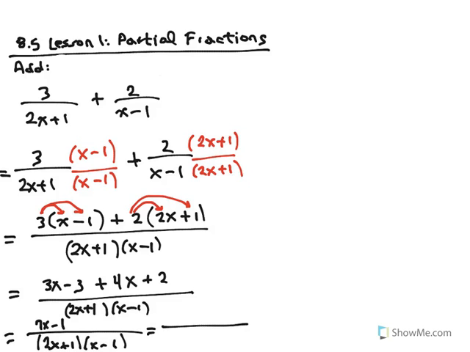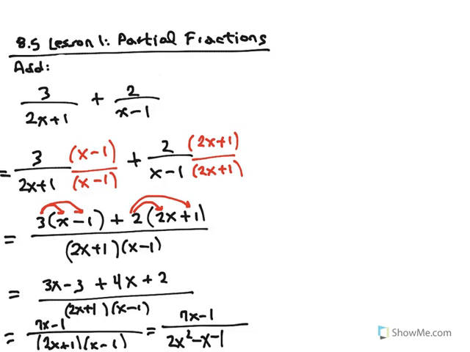If you multiply the two factors in the denominator, then the final answer would be 7x minus 1 over 2x times x is 2x squared. And then you have 1x minus 2x, which is negative x. And then 1 times negative 1 is negative 1.